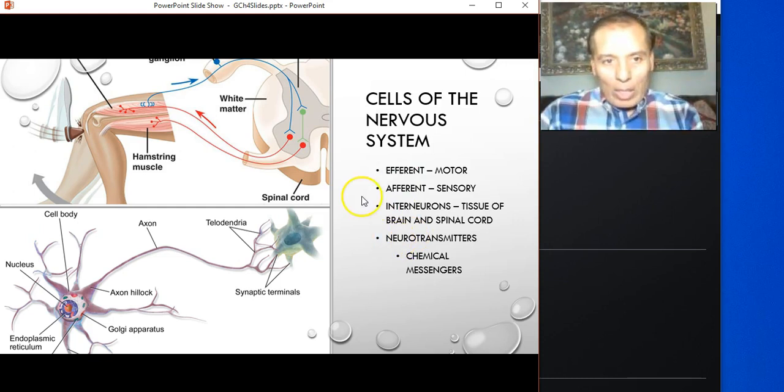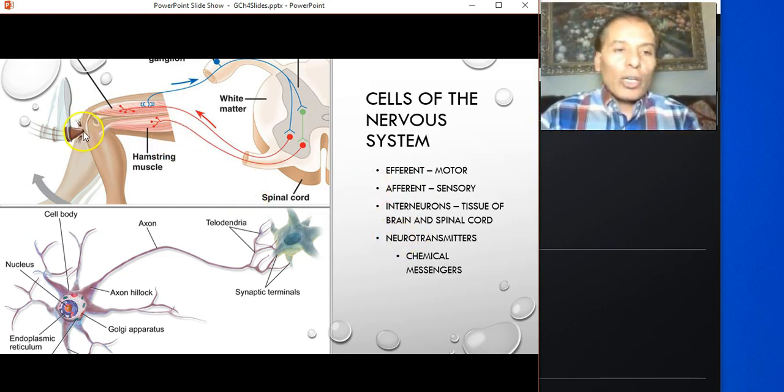So, take for example this. The knee-jerk reflex is mediated by the spinal cord. This is a slice, a cross-section of the spinal cord.